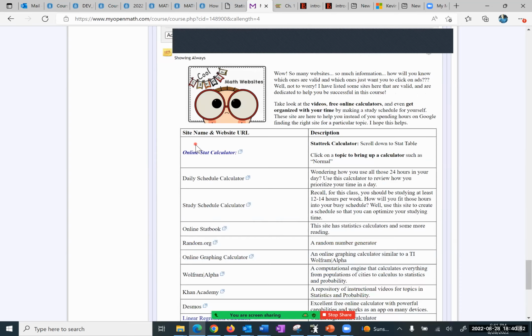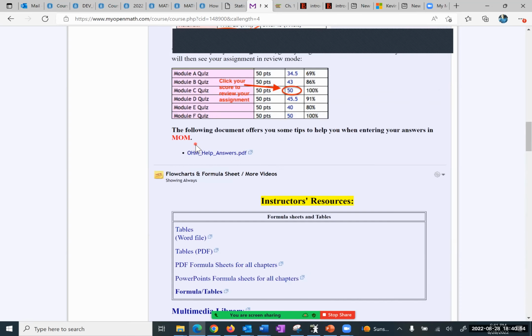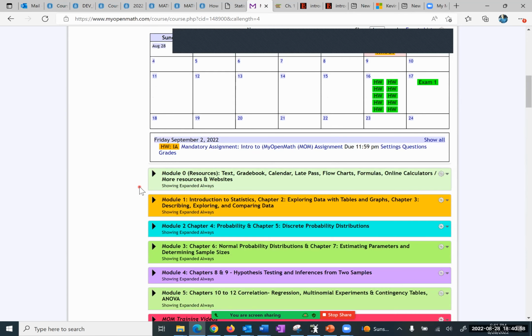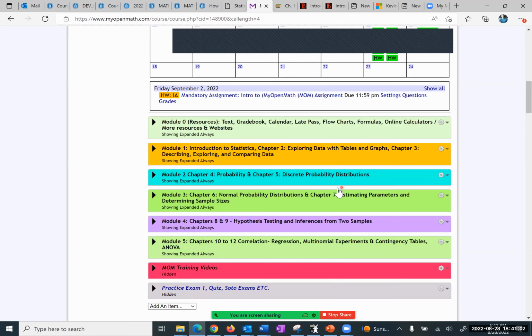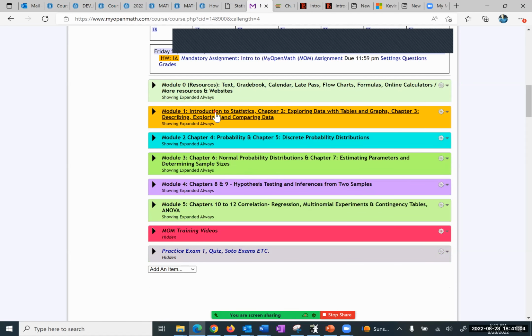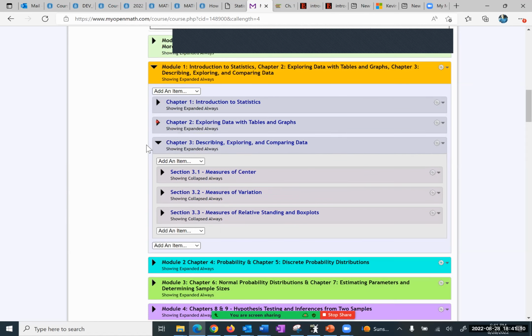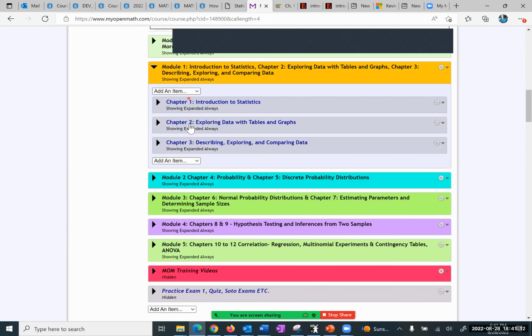So I hope you spend a couple of minutes on these resources, and you know what? You can close it and you say, I don't need it. But everything is here. Then what you have to do? Just be concerned with the first module, never mind the rest. When you go to the first module, okay, you see those 3 chapters.